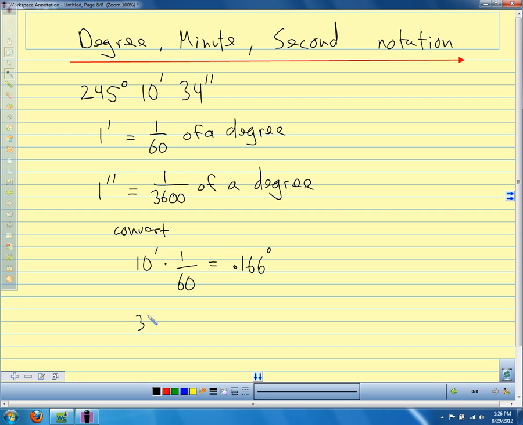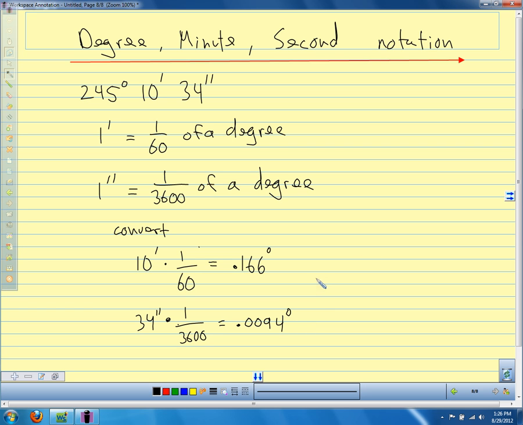34 seconds is, we're going to do 34 times 1/3600th of a degree. And that gives me 0.0094. And then we would add those together.